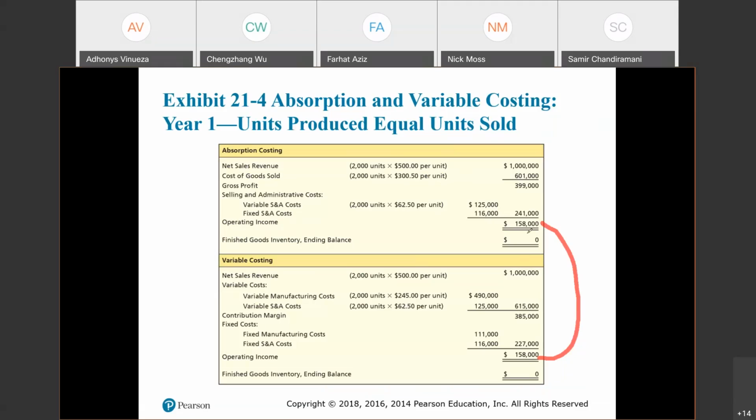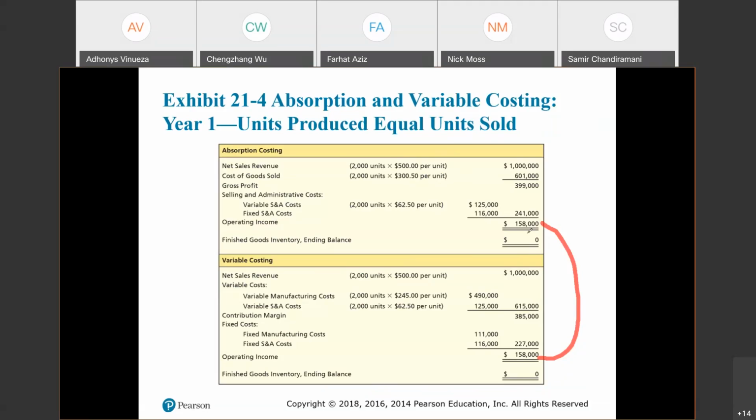And we use this amount minus fixed cost, where fixed cost includes two parts. First, fixed manufacturing cost, which is $111,000. In addition, we have a fixed selling and administrative cost, which is $116,000. In total, the fixed cost is $227,000. So we use contribution margin minus $227,000.